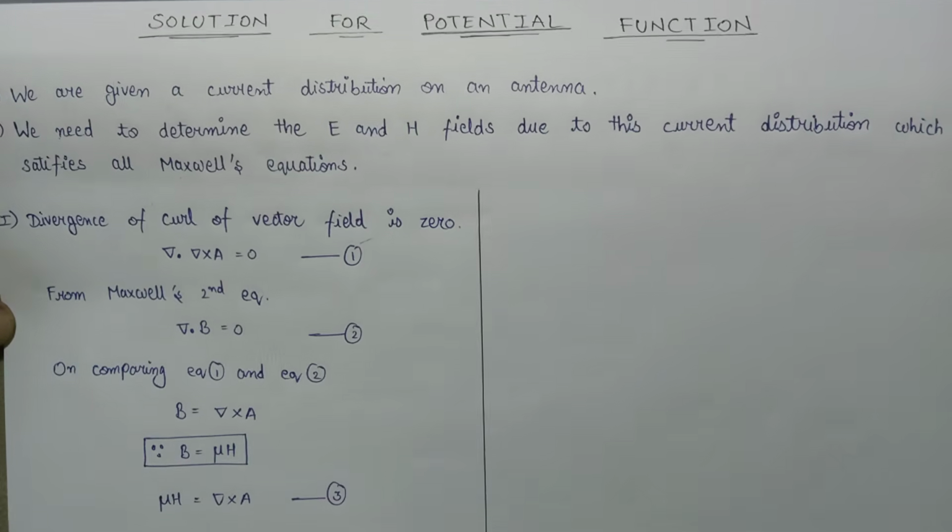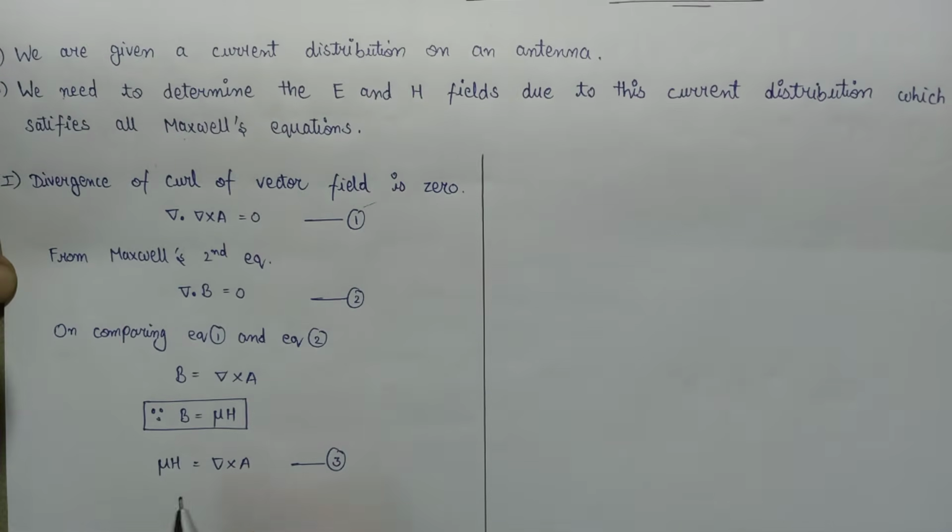If we rewrite equation number 3, we can also write H equals 1 over mu multiplied by del cross A. So this is the equation for the magnetic field. It is equation number 4.